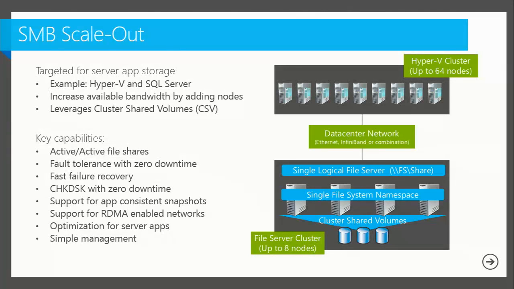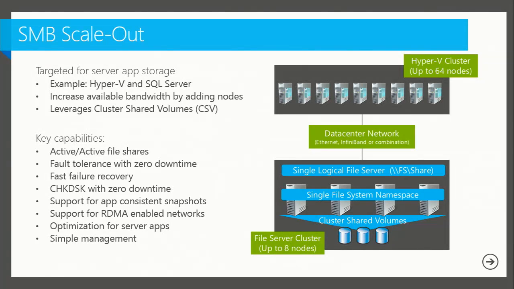If that failed, that role is transitioned to another node and is started on that node. But for a given file share, at any point in time, we would only use one of the many nodes of the cluster. Now, in 2012, we have a new way of doing things, which we call scale-up, which we recommend for the Hyper-V scenario.